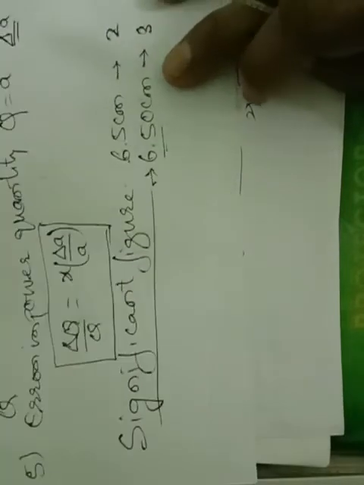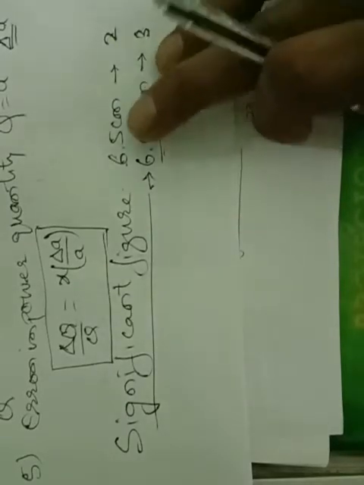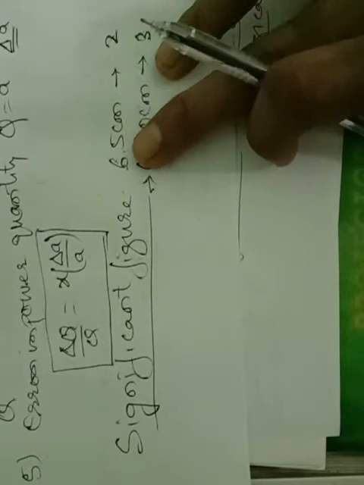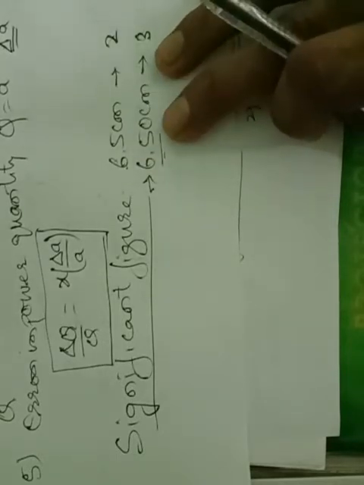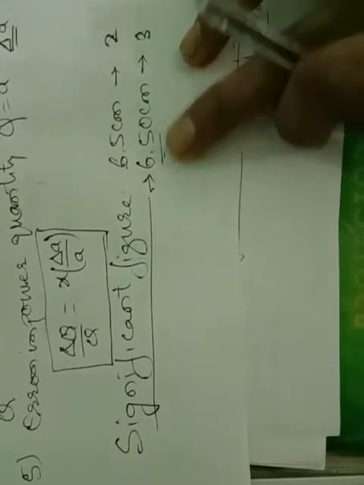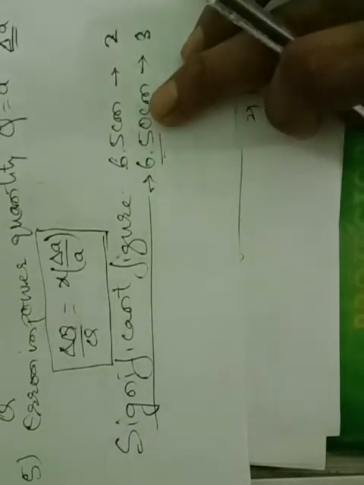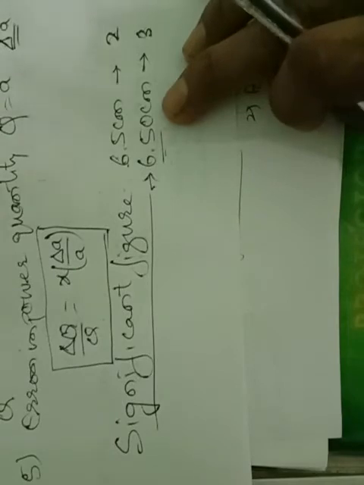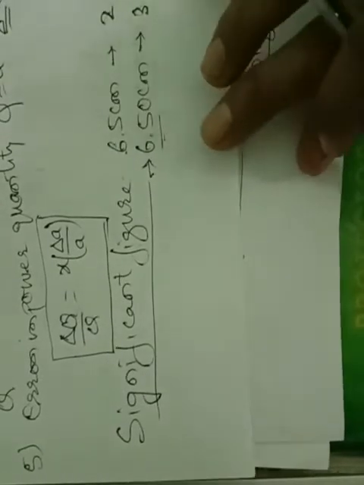In the second form, 6.50 is more accurate than 6.5, because 6.5 is accurate to only 1 decimal place and 6.50 is accurate up to 2 decimal places. So if we want a higher order of accuracy, what do we need? We must have more significant figures.